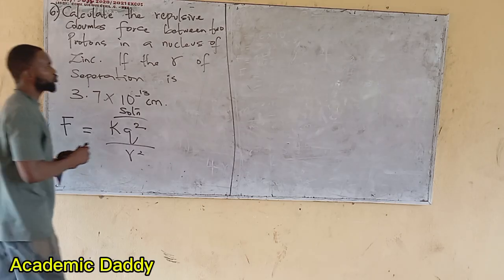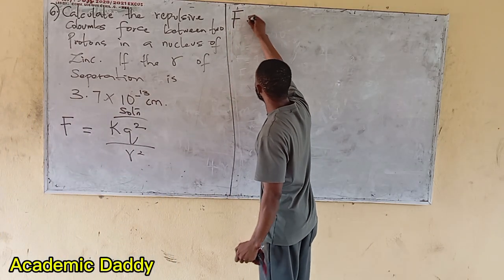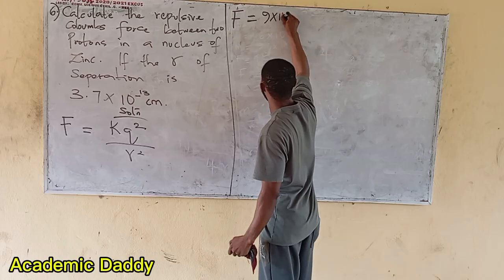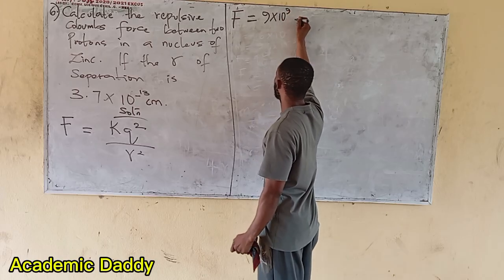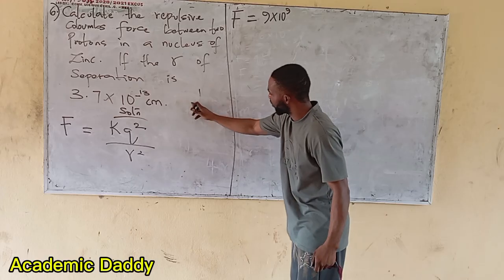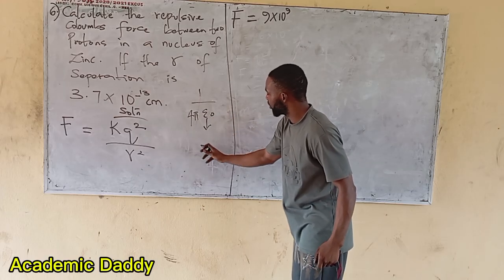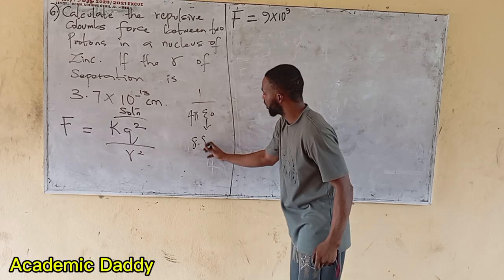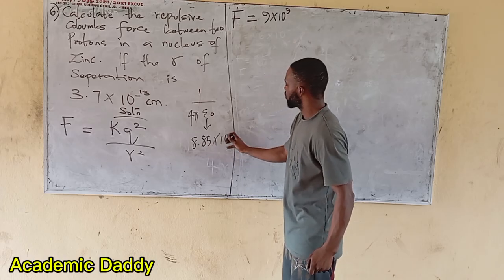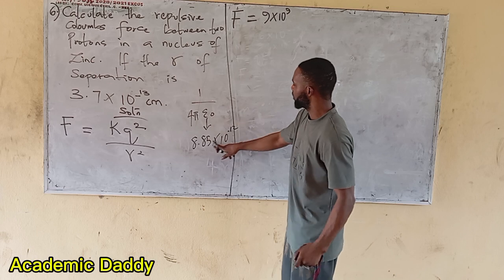To find F, I substitute. F equals K, a constant, which is 9 times 10 raised to the power 9. We get it from 1 over 4 pi epsilon naught, where epsilon naught, the permittivity of free space, is 8.85 times 10 raised to the power minus 12. If we do 1 over 4 times 22 over 7 times this, we should get this.